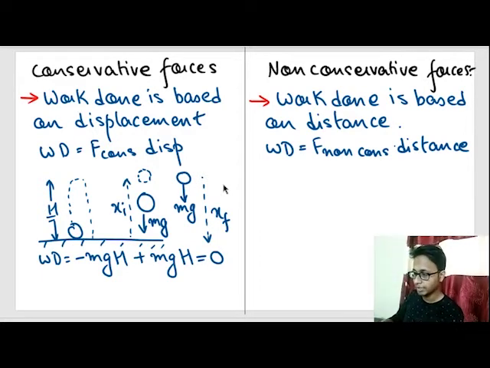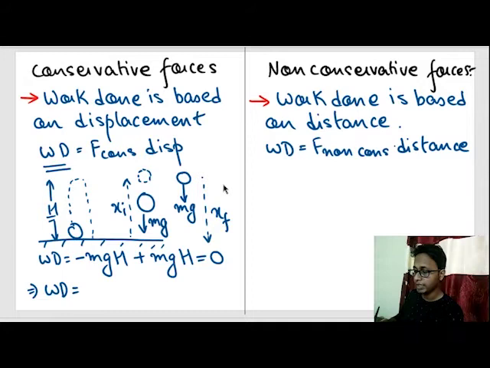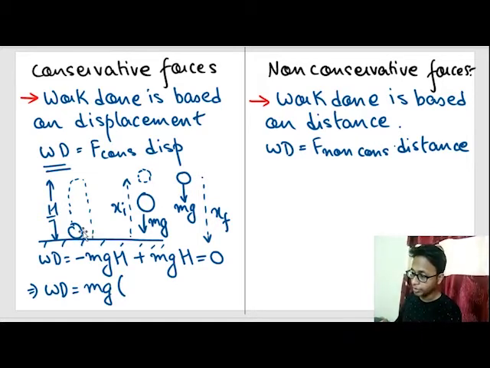Now see this formula: work done is equals to conservative force into displacement. So can I say work done by gravity force is equals to mg into final position minus initial position? So final position minus initial position is equals to 0, or work done by gravity force is equals to 0.